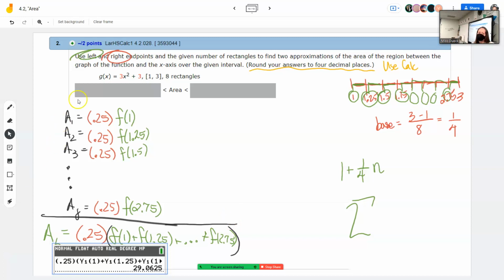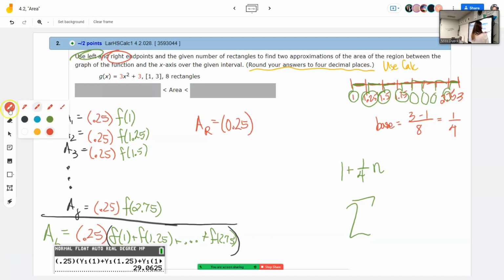But what's the really cool thing when we go to do the right? Just copy paste, except what's going to be different? On the right hand one, instead what would change? Delta x is still 0.25 for my base. But what's going to change is, what's my very first one? My very first one over here would be 1.25.